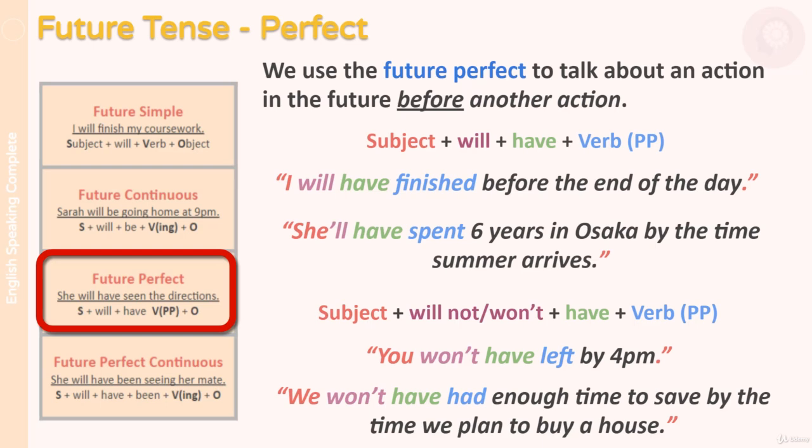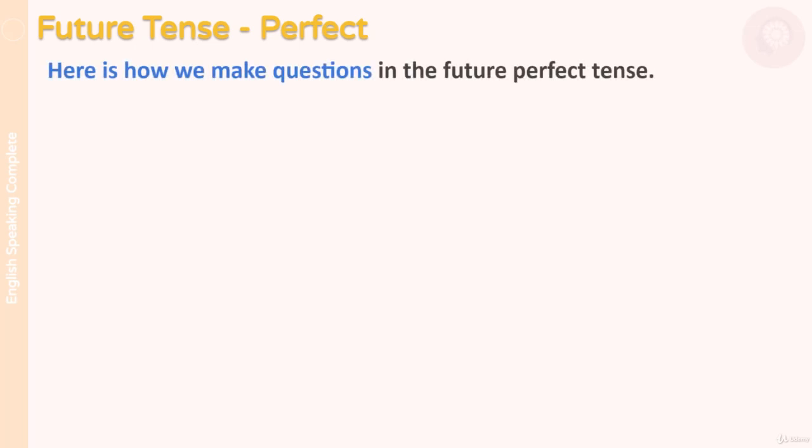Is it have or has? Is it been? Is it the past participle for our main verb? So it does require a bit more practice, but it really isn't so advanced that we can't manage it with a bit of time. Okay, so let's take a look at the question form of the future perfect.